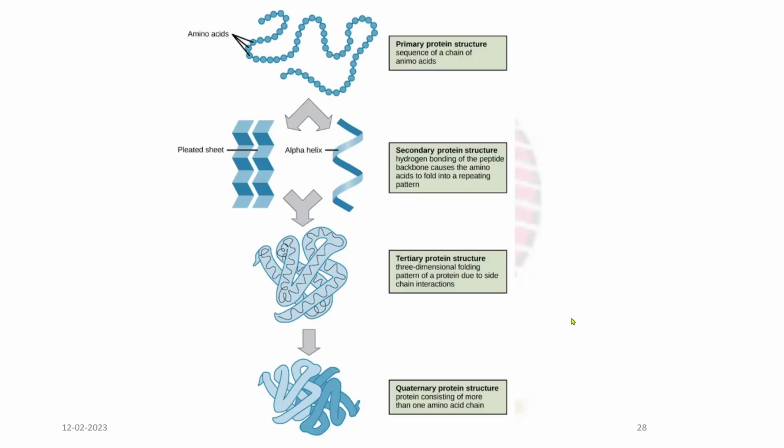So this is the image showing the overall levels of protein structure. In the quaternary structure, the protein consists of more than one amino acid chain.